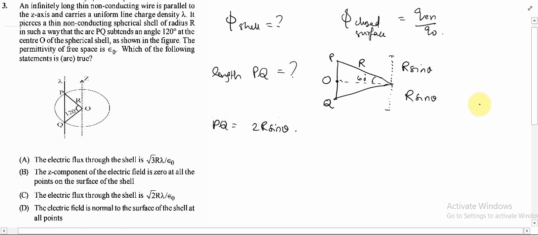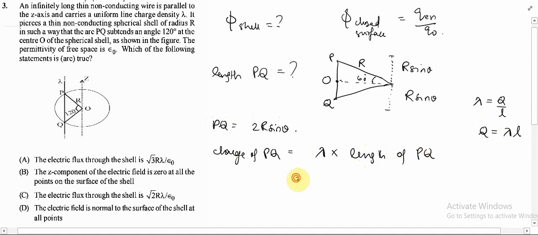Also it is given that the infinitely long wire has a line charge density lambda. That means lambda is equal to Q by L, or you can write charge Q is equal to lambda into L. So the charge of PQ is given by lambda into the length of PQ.